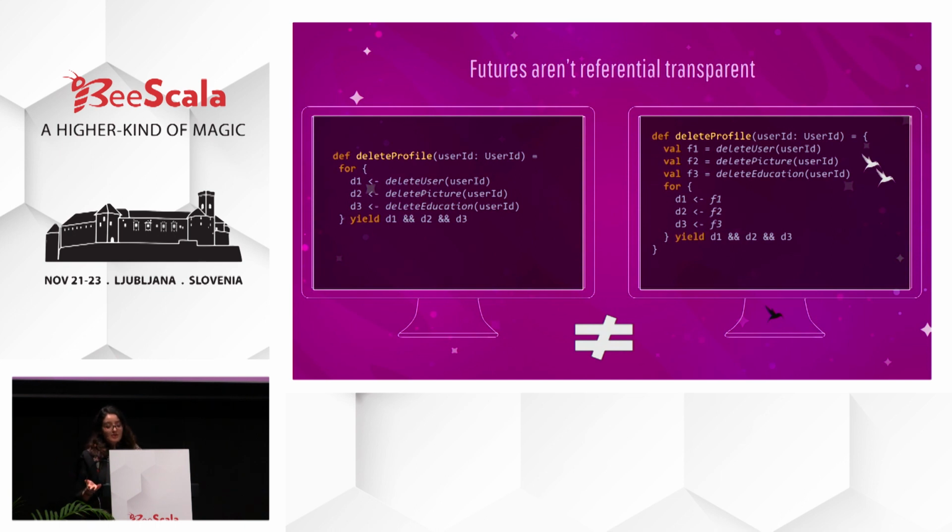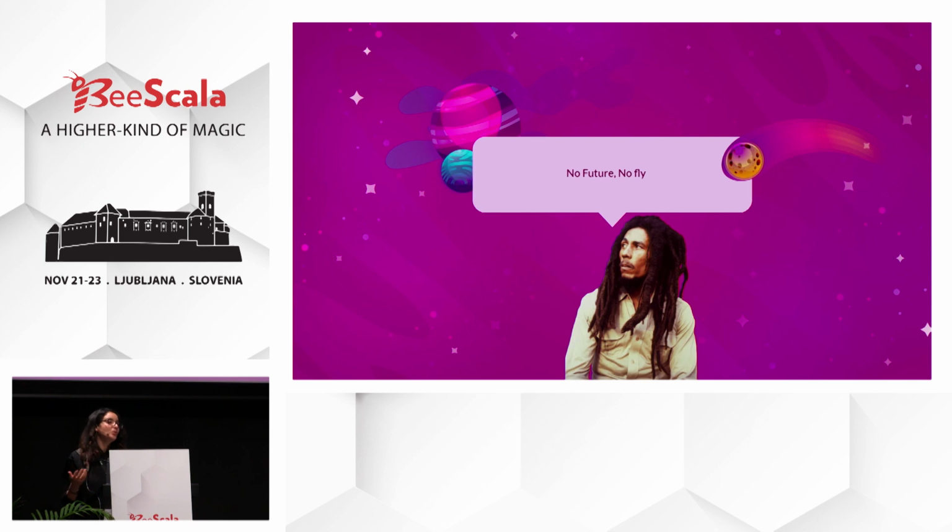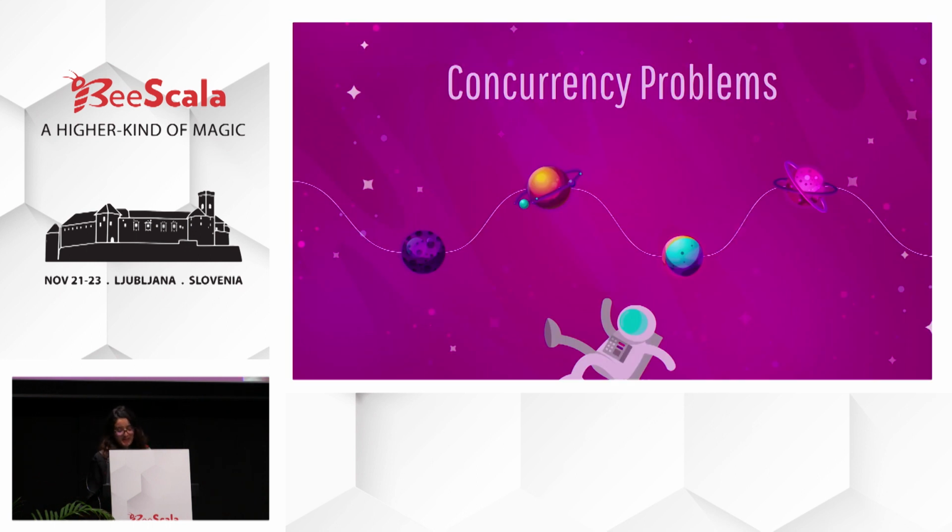So this program on the right screen is parallel. It will run the 3 futures in parallel. So these two programs don't have the same meaning. But it's okay, you can use lazy val, because lazy futures don't fly. And as Bob Marley said, no future, no fly.